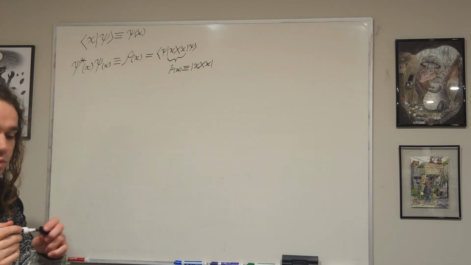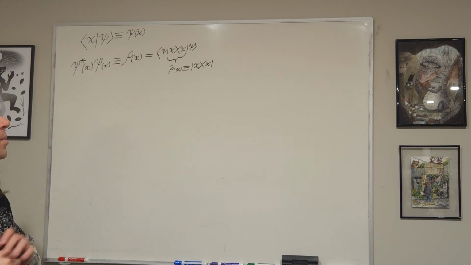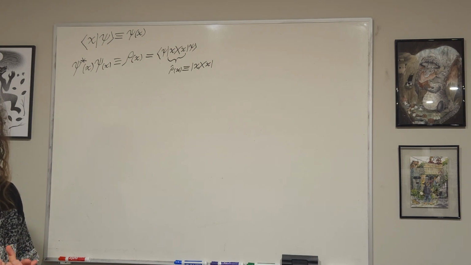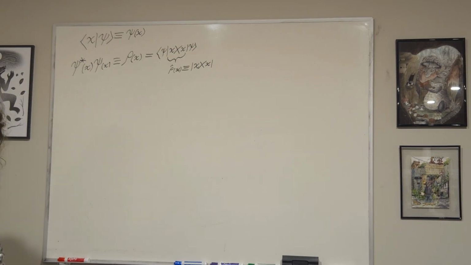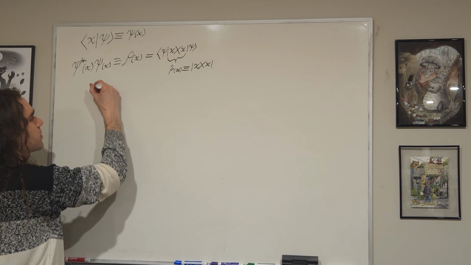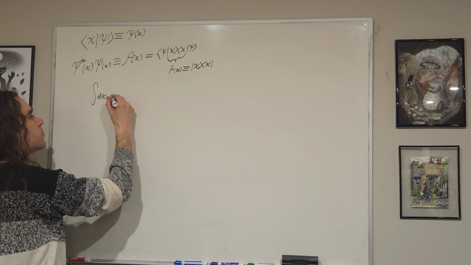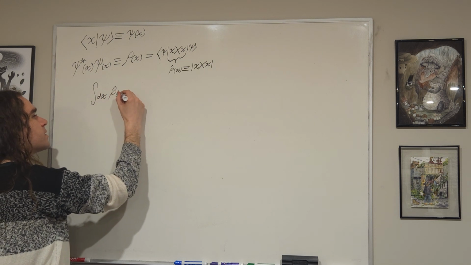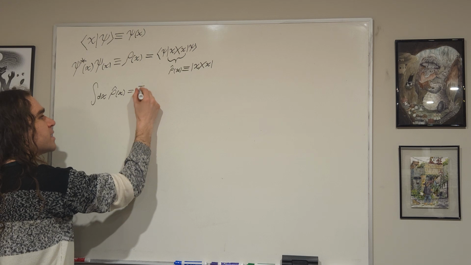This allows us to interpret probability density and probability in general as an expectation value. You could perform an integral over all x of rho hat of x, and you would get the identity.